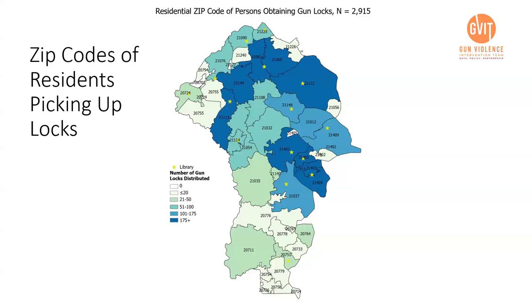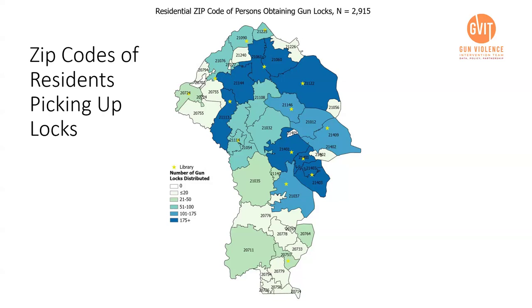Libraries are a wonderful partner for us because they provide geographic diversity in locations that we as a health department don't have. So this is really helpful. Also, just for context, for those of you who have never been to Anne Arundel County, from end to end you're looking at about an hour drive from the southernmost part of the county to the top.